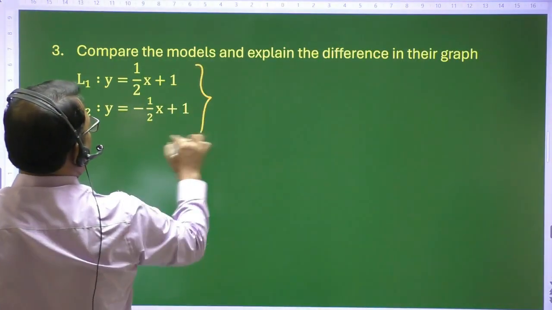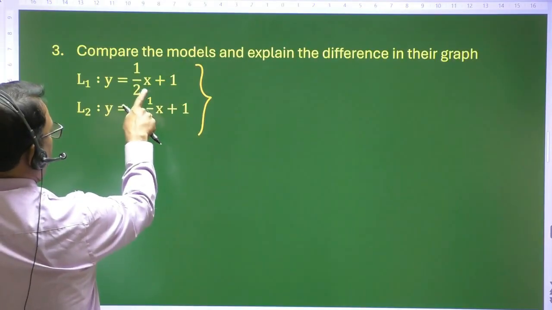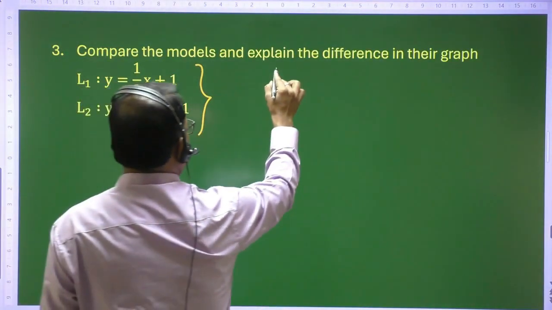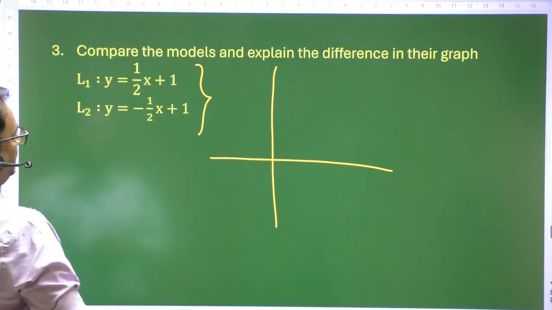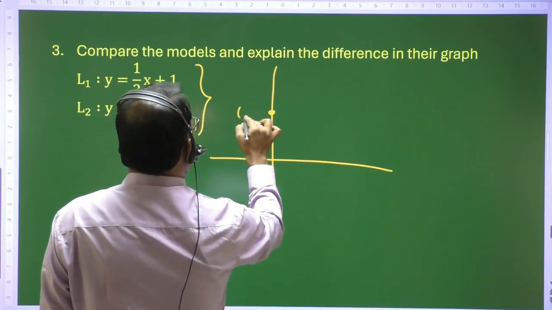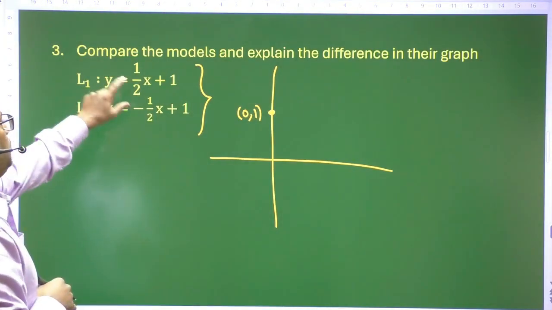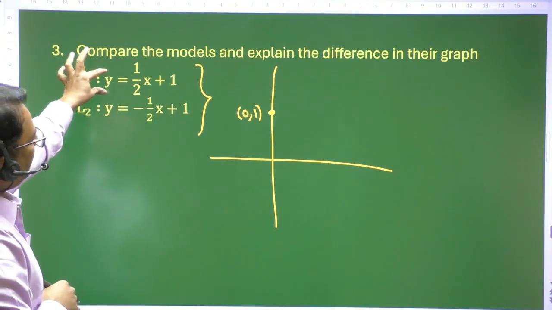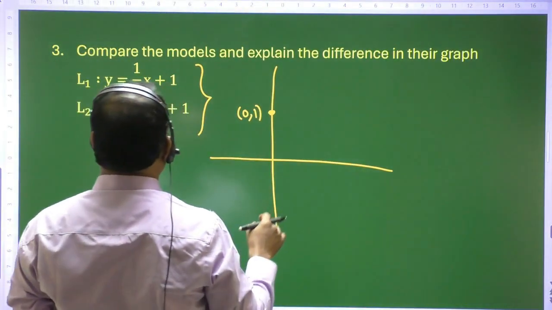Okay, now you notice that when x is 0, you have a line which intersects the y-axis at the point 1. So when x is 0, y is 1.